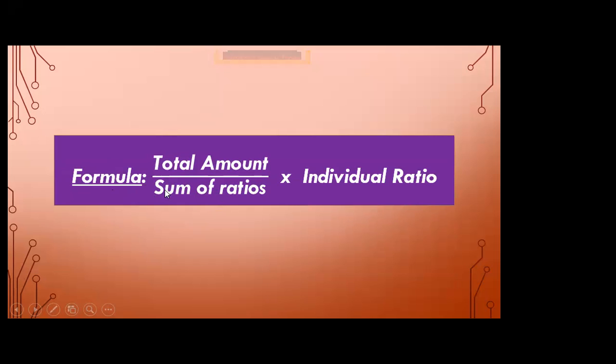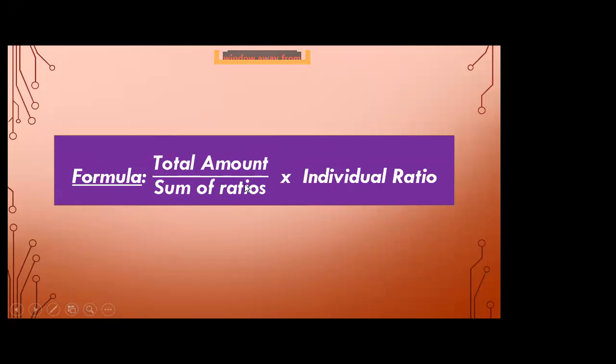Now the next formula is for exercise 7.2. The formula is total amount upon sum of ratio into individual ratio.